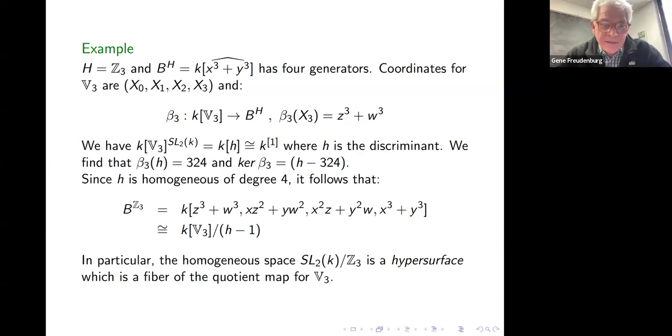And I get BZ3, therefore, generated by these 4 polynomials. And it's isomorphic then to the quotient KV3 modulo H minus 1. And so in particular, that homogeneous space is a hypersurface in C4, right? And it's a fiber of the quotient map for V3. Okay.